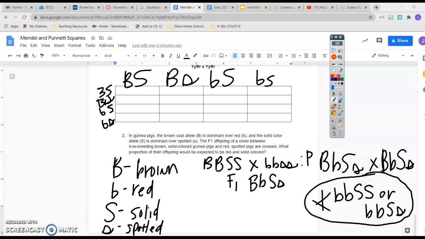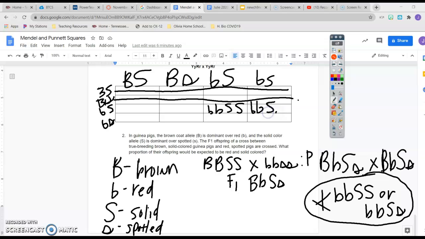And so I know that none of this row is going to give me that, because I can't get 2 little b's out of that first row. I also cannot get 2 little b's out of this second row. However, I can get 2 little b's here, little b, big S, little b, big S, little s.